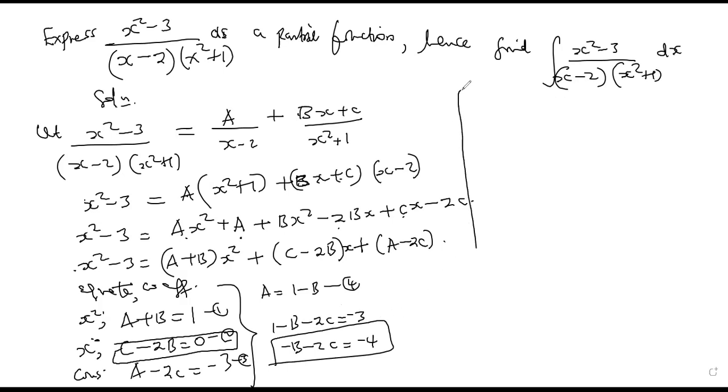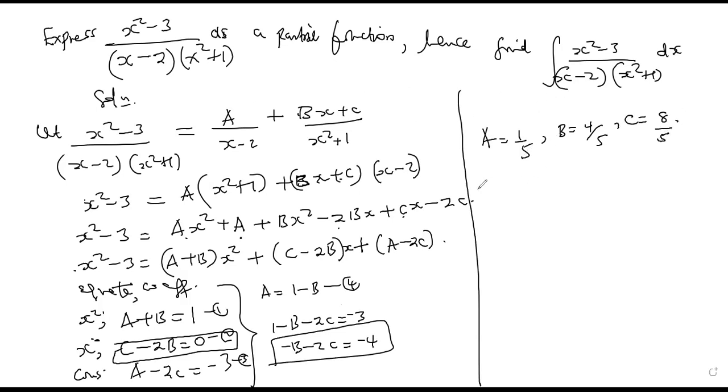I'm not going to do that, but you will come up with a as 1 over 5, b as 4 over 5, and c as 8 over 5.